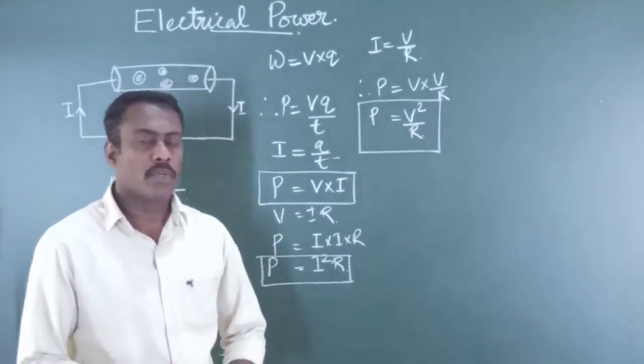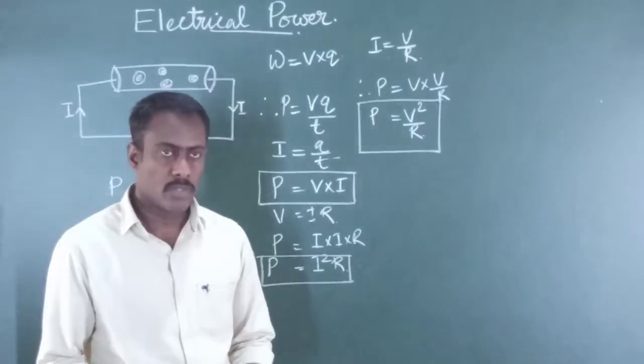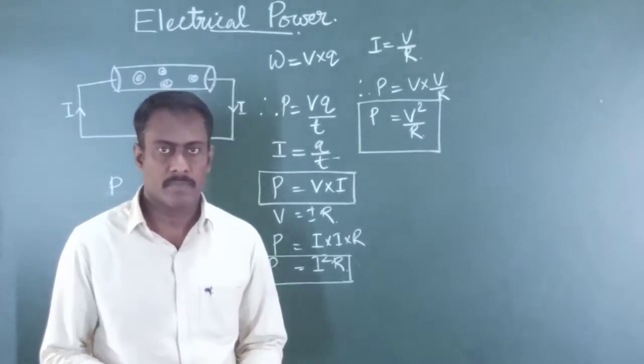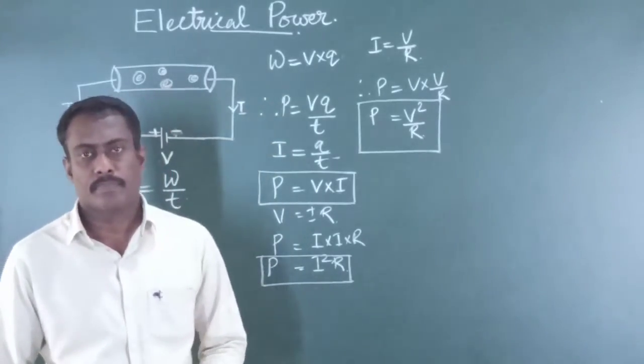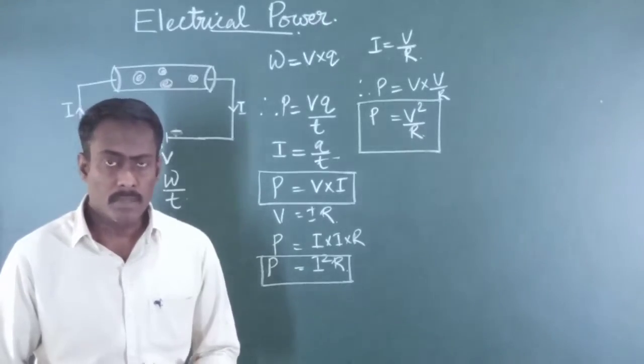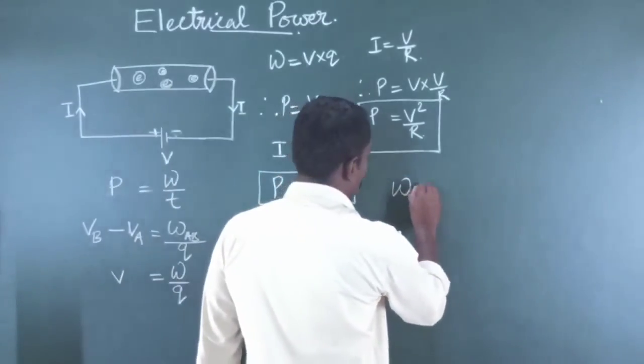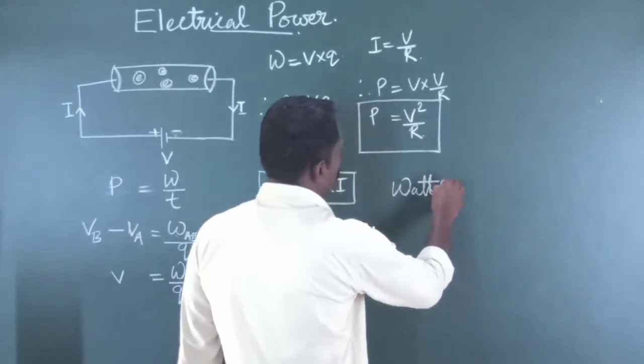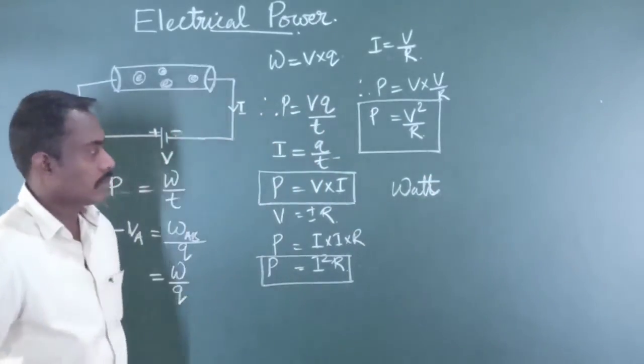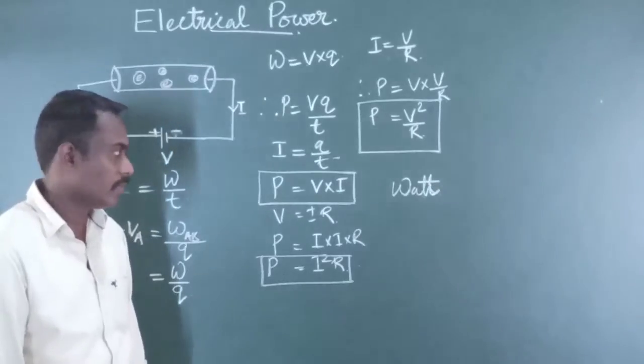The electric power of a conductor, a circuit or a device is normally measured in watt. That's the SI unit of electric power of a device.